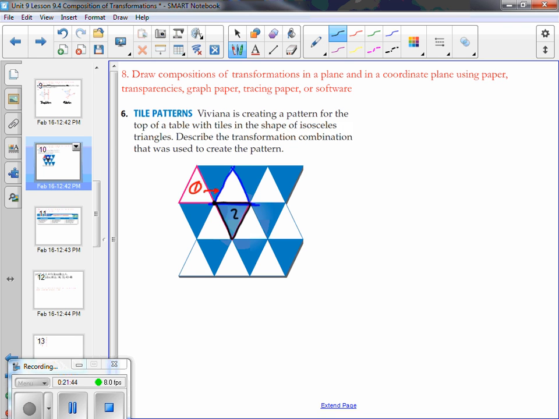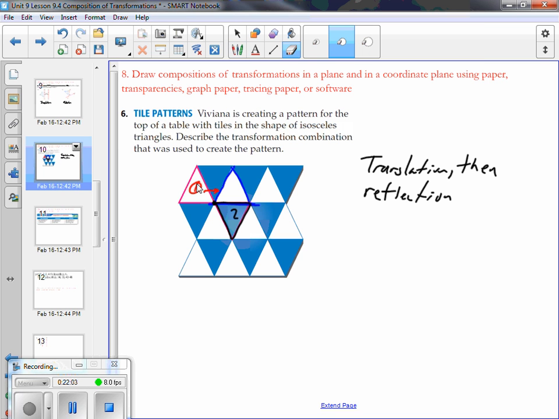So like I said, what I saw, then a rotation. If you saw a rotation, write that down. If you saw reflection first, then a translation, write that down. But do just try to keep it as simple as you can. If you can describe it with 1 or 2 motions instead of 15, describe it with 1 or 2 motions instead of 15.